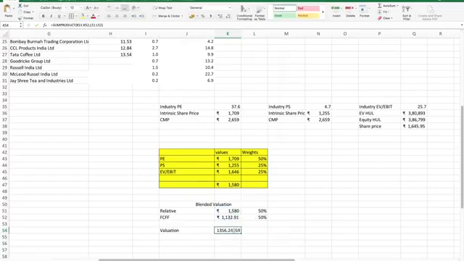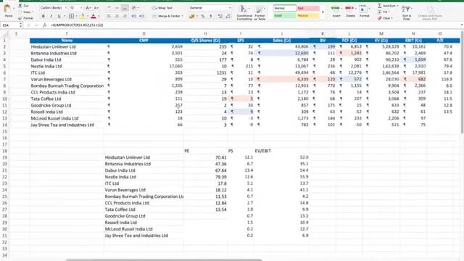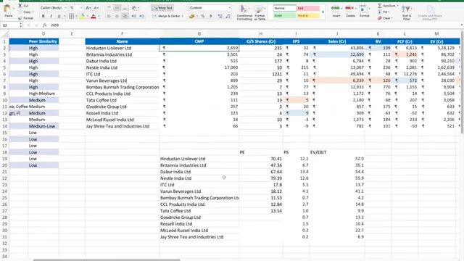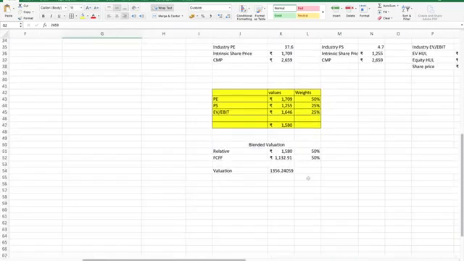So you can see it is coming out to be 1356. This is our final valuation number which we want to give. Now if you compare it with the current market price of 2659, it is just half of what it is. So this is how we perform the final blended valuation.